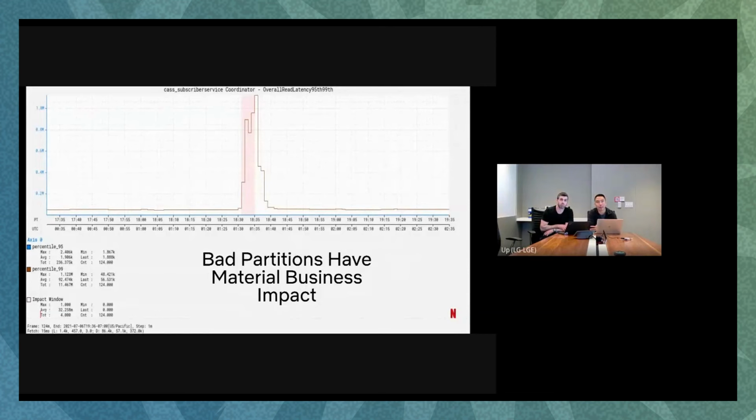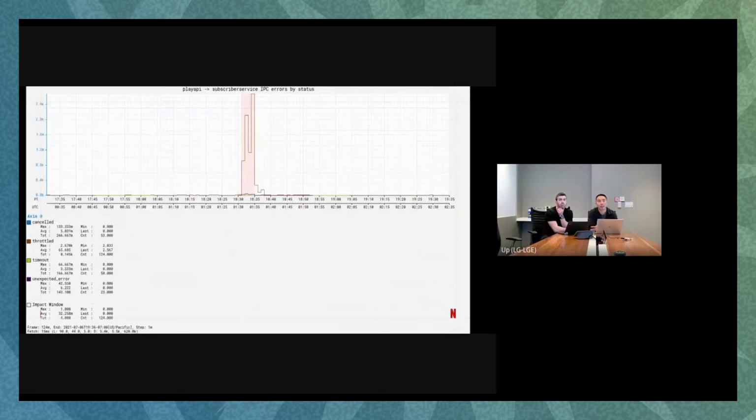As you can see from the graph, during the incident window, the read latency was spiking up because of the bad partitions. This is another graph from the application level. As you can see, the bad partitions not only caused latency inside Cassandra, but also caused latency spikes at the application level.